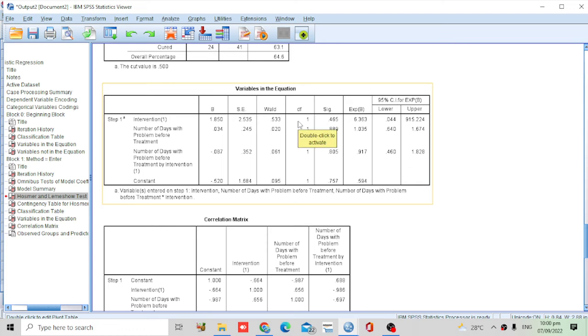Of course, for the variables in the equation, as you can see, the intervention is not significant. Also the number of days is not significant.